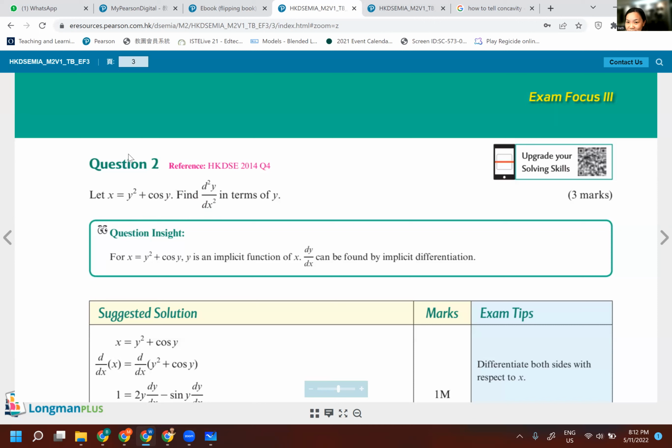I don't think we've done this before. During the lesson, we explained how to find the first derivative of an implicit function. We also practiced second derivative on explicit functions. We never do both in one question, implicit and also second derivative. Now I'll take this opportunity to show you how this is done.